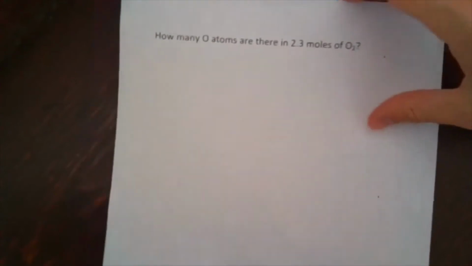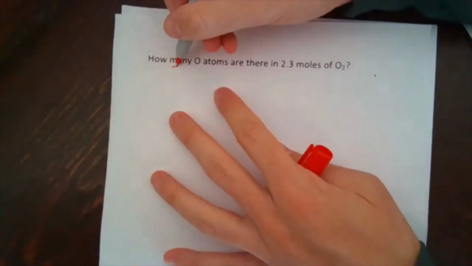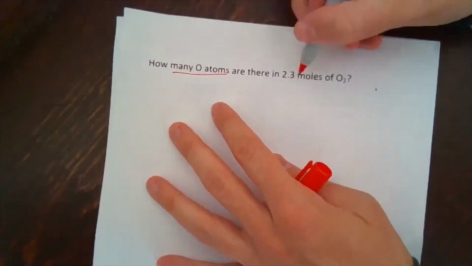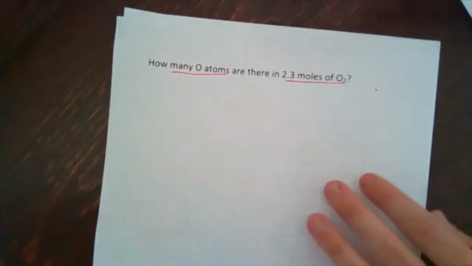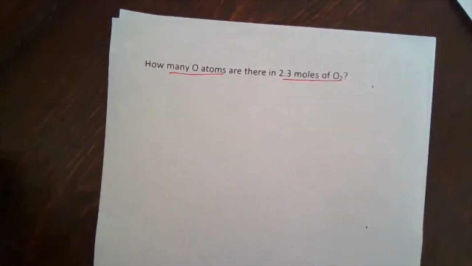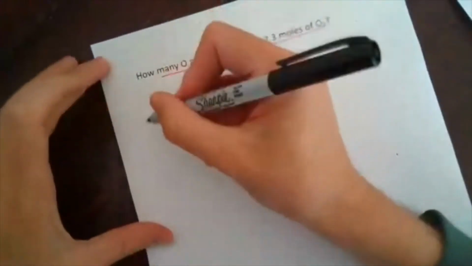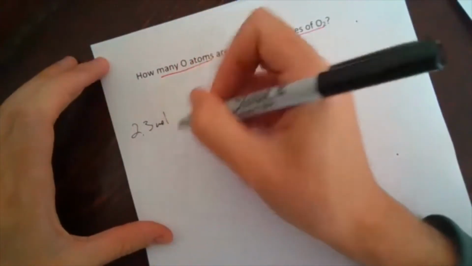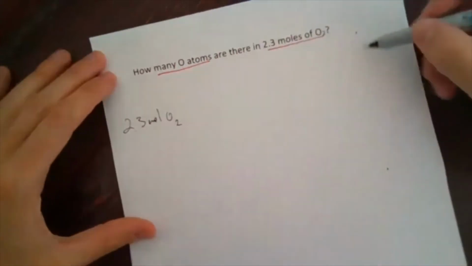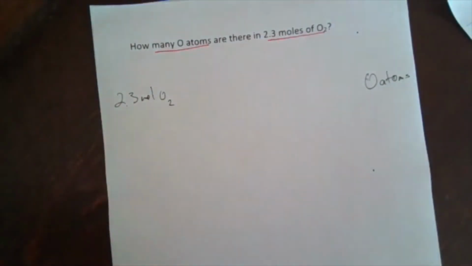All right, so hopefully we'll work this out and see what we get. How many O atoms are there in 2.3 moles of O2? I want O atoms, starting with moles of O2. So when we look at this, we have a couple differences between where we're starting and where we're ending. 2.3 mole O2, and in the end, I want O atoms.